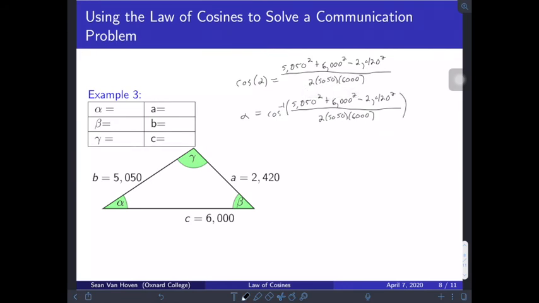And here we get that our alpha is equal to 23.3.